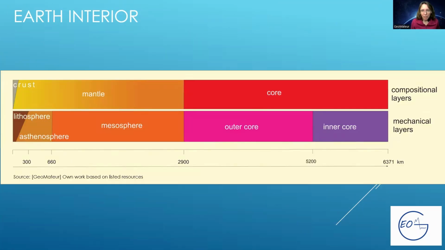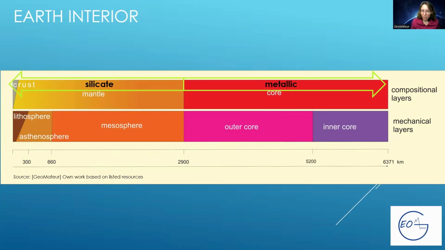Based on chemical properties, there is a metallic layer in the center of the planet, the core, and a silicate cover. The border at the depth of 2,900 kilometers is the most important border in the whole Earth interior structure.